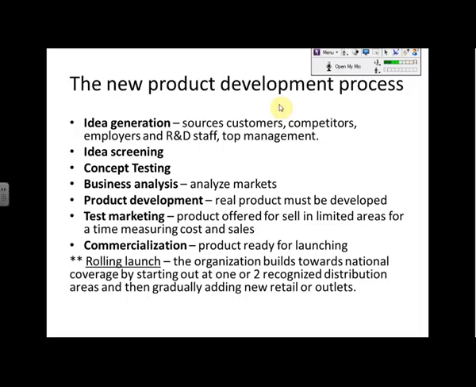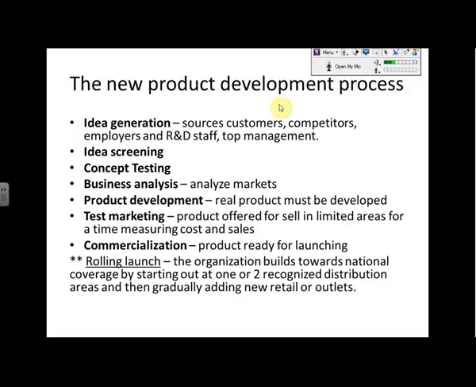Sources of new ideas would normally come from customers. They normally come from competitors. They come from your suppliers. They come from employees. They come from research and development staff. And they come from top management.